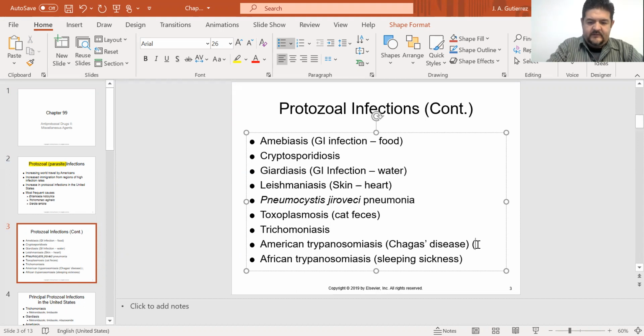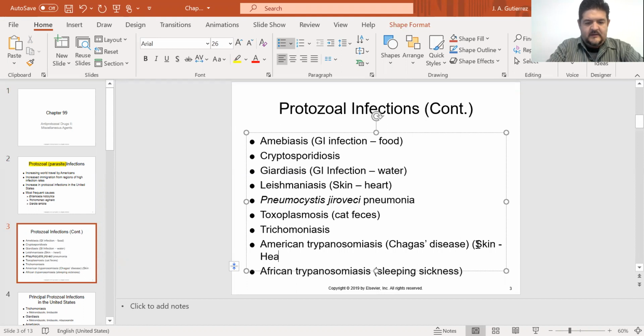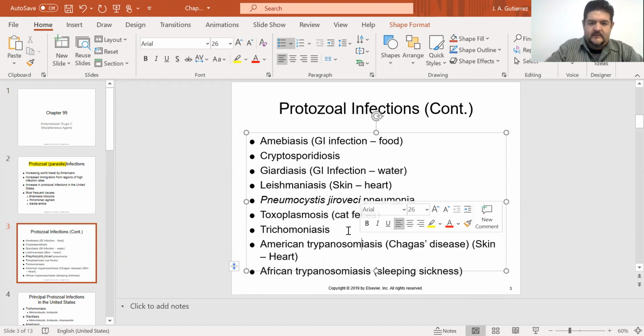Chagas disease also affects the skin and heart. African trypanosomiasis, that's the sleeping sickness in Africa, is transmitted by flies. And Trichomonas vaginalis is an STD transmission.